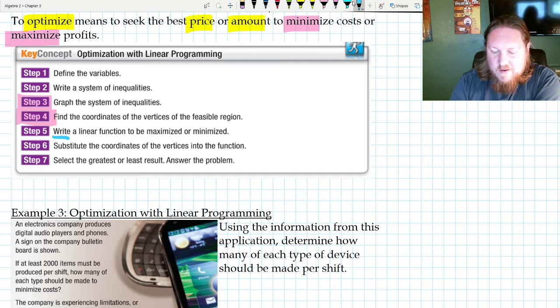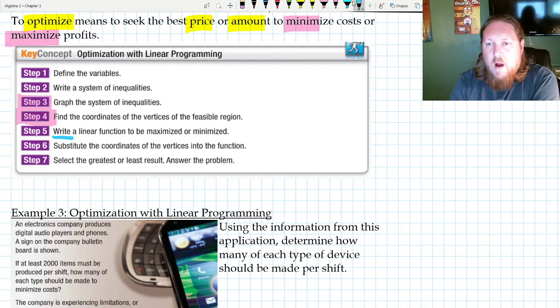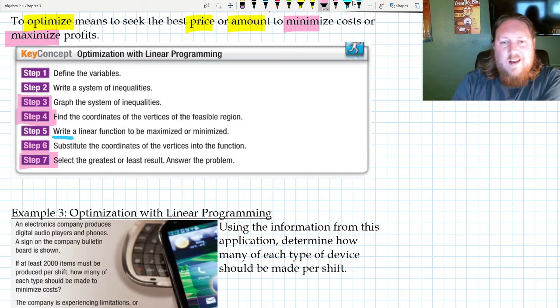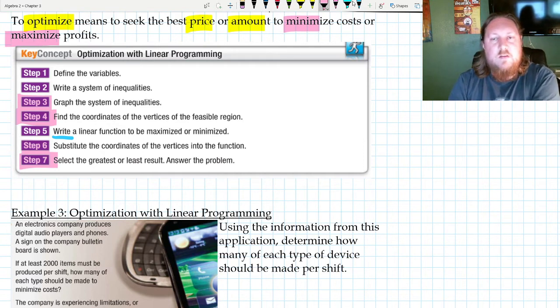This time it's different. We have to write the linear function that's going to be maximized or minimized. So the f of x, y thing that we keep talking about. And then we plug those coordinates in and we identify them just like we did on the last ones. Except now there's going to be some sort of context to the problem instead of just plugging it in.